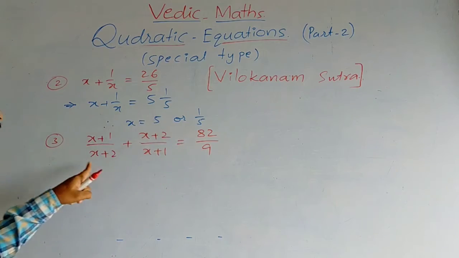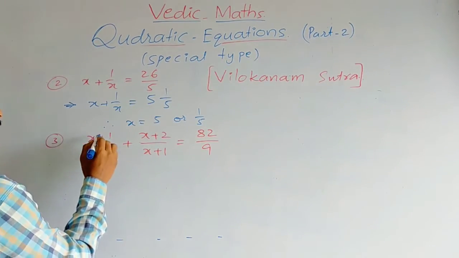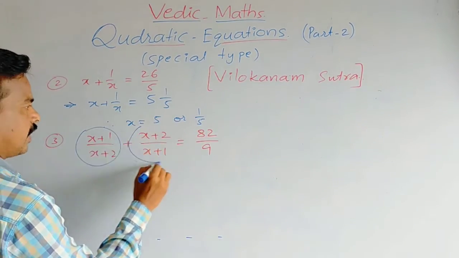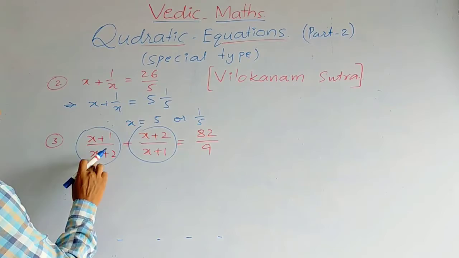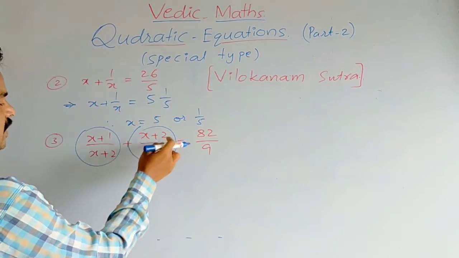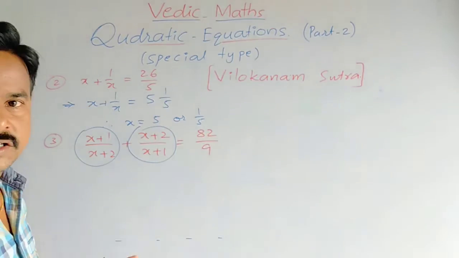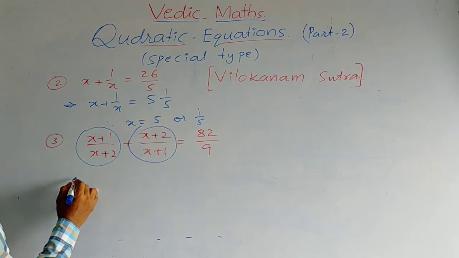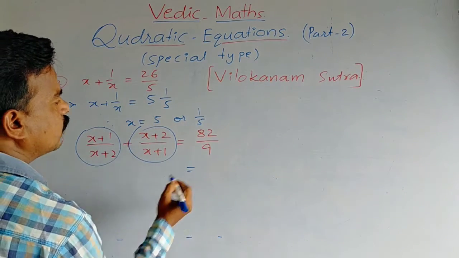We observe that in the left hand side of the equation, both are reciprocals. This one and this one. This is the sum of reciprocals. The reciprocal of x plus 1 by x plus 2 is x plus 2 by x plus 1. Just exchange the numerator and denominator, then we can get the reciprocal. We know that.